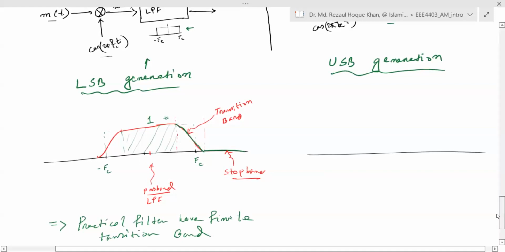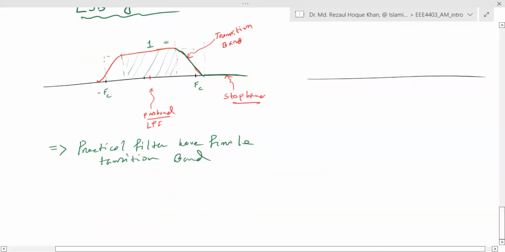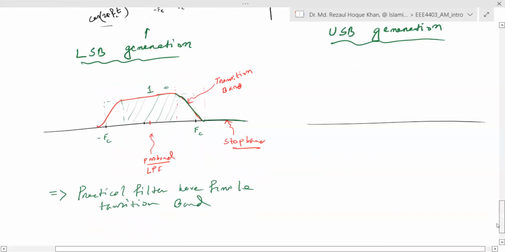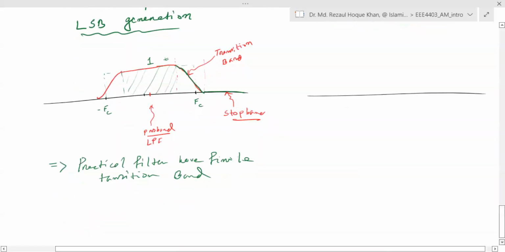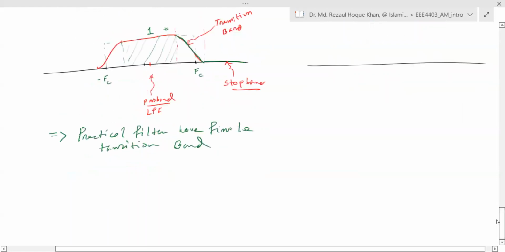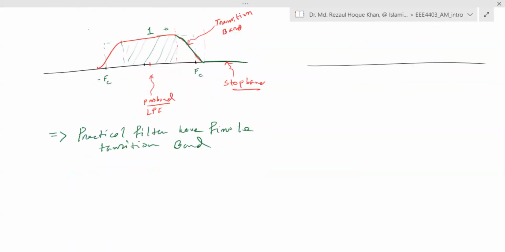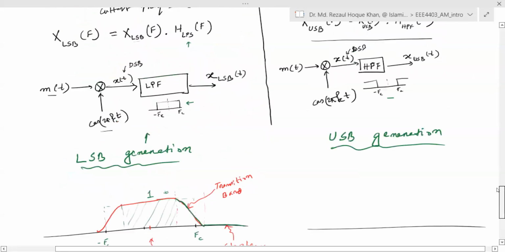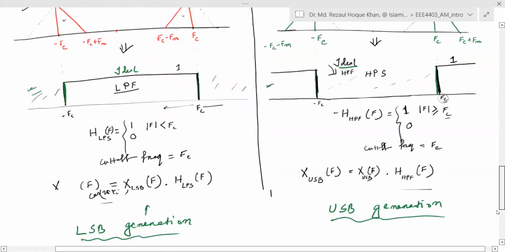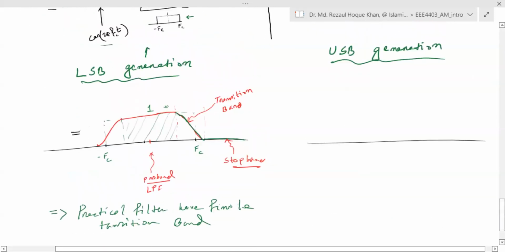Now, if this is the case, what happens to the signal? Let us draw this signal again, to see what happens if, instead of this ideal low pass filter, the low pass filter response looks like this, a practical low pass filter.